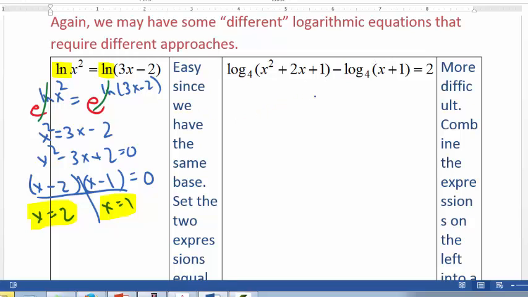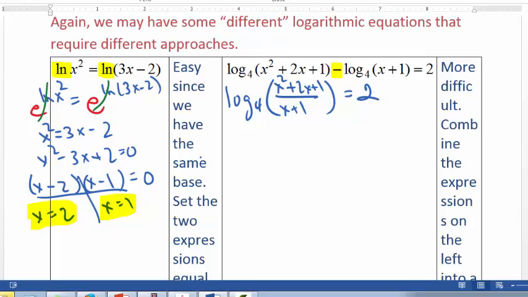But it's best to realize, hey, this is the difference of two logs. So since this is the difference of two logs, what I can actually do is I can write it as the single log of, remember this from the last section, 9.4, it's really the log of the quotient. So x squared plus 2x plus 1 over x plus 1, right?